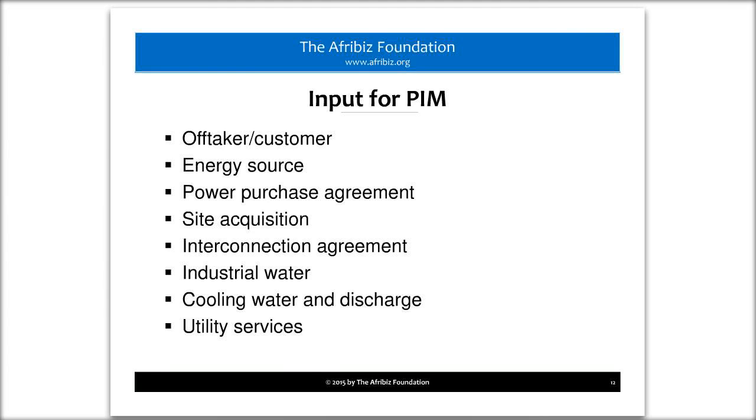Okay, so the off-taker and customer, as I mentioned before, if you're looking at project finance, and even, I think, to a great degree with investors in the current landscape, they're really looking for an off-taker agreement, which simply means that the financial viability of the project is based on the credit and credibility of the off-taker.